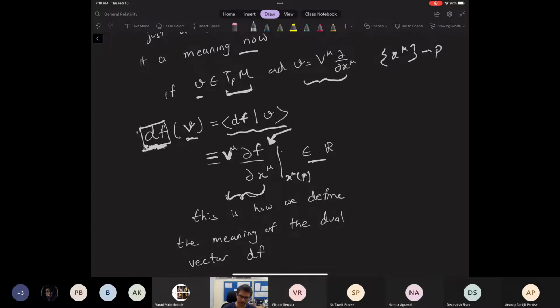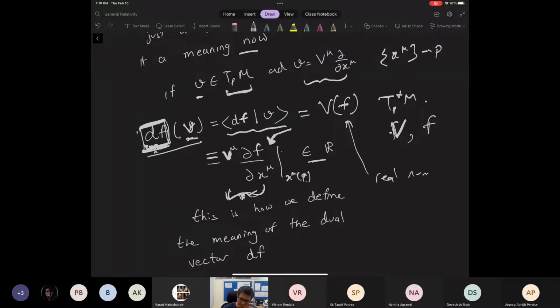At every point in the coordinate patch, we can pick a dual vector from the space of dual vectors TP star M, such that, given a vector v and a smooth function f on the manifold, the result of the action of df on v is basically v acting on f at the point P. This is the directional derivative in the direction of the vector v acting on the function f, and if you evaluate at a point, it gives you a number.